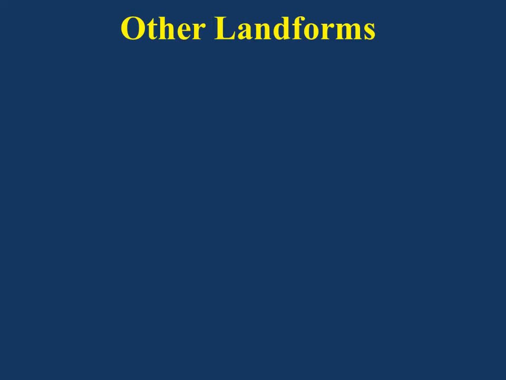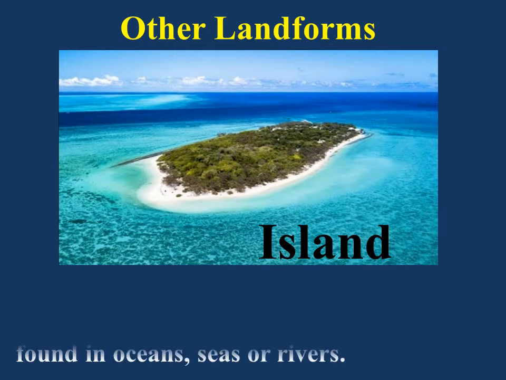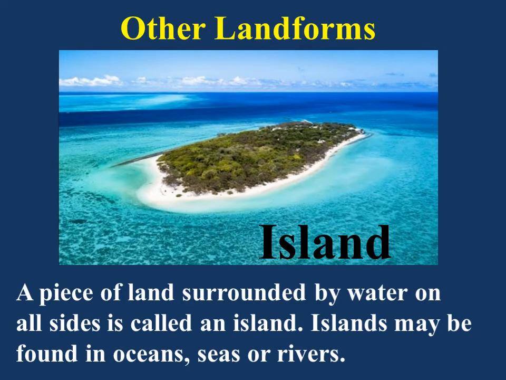And now let us see about other landforms. First of all, let us study about islands. What is an island? A piece of land surrounded by water on all sides is called an island.